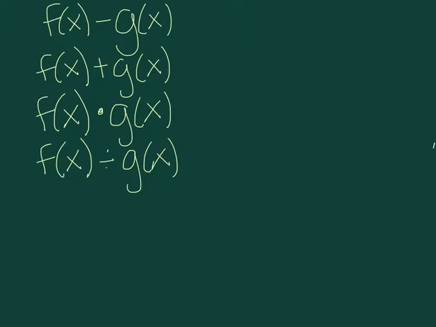Now we're going to look at a whole other idea where we're embedding one function inside of another. So now we're going to switch gears and do something that looks a little more like this: f of g of x.